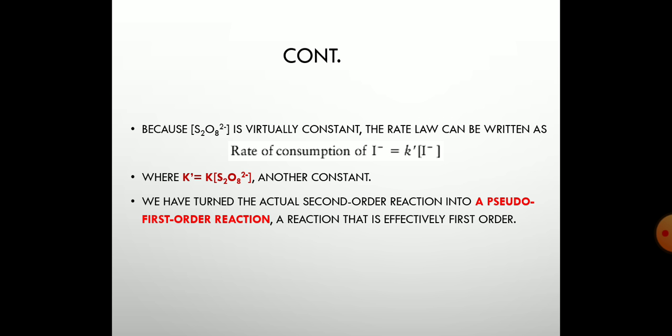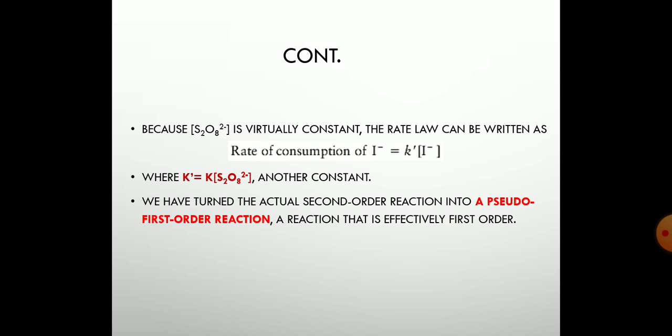Because S2O8 raised to the power minus 2 is virtually constant, the rate law can be written as: rate of consumption of iodide ion is equal to k' times the molar concentration of iodide ions, where k' is equal to k times [S2O8 2-], another constant.